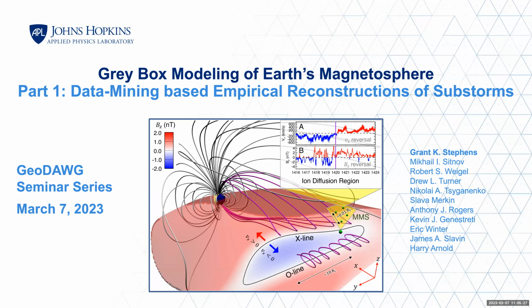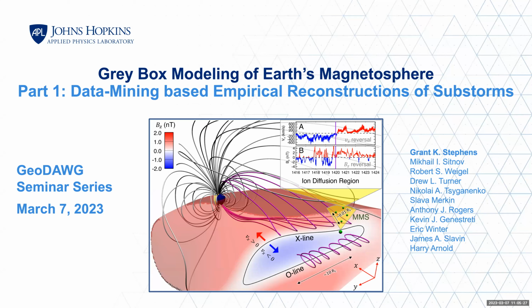Then I'll jump into my storm reconstructions, talking about the empirical pressure, and then finally substorm reconstructions of the magnetotail, and how we are trying to resolve the X line in the magnetotail during substorms. And I'll briefly go into how we can also combine our storm and substorm models into one coherent model of the magnetosphere.